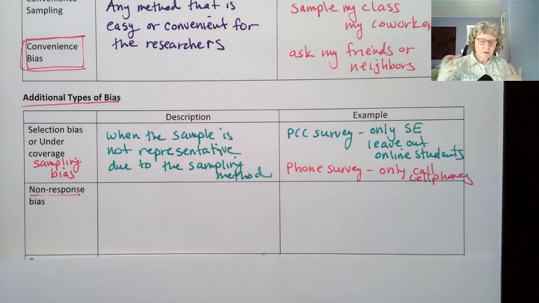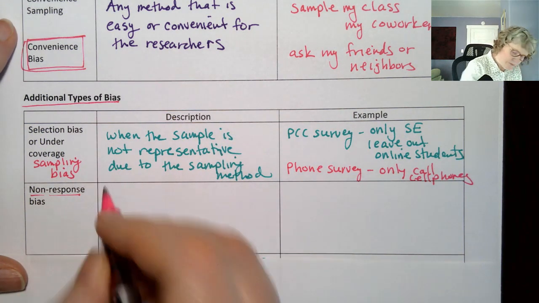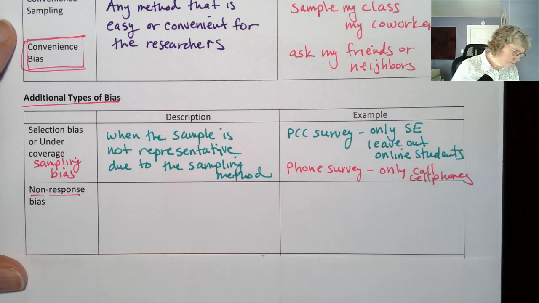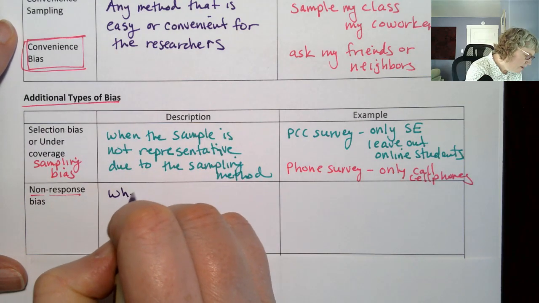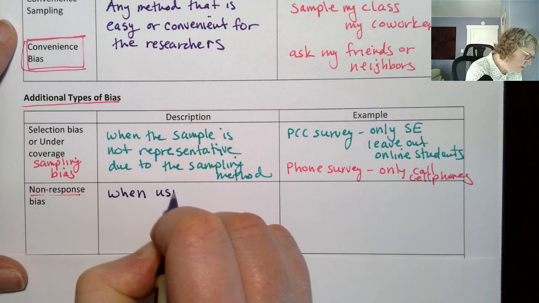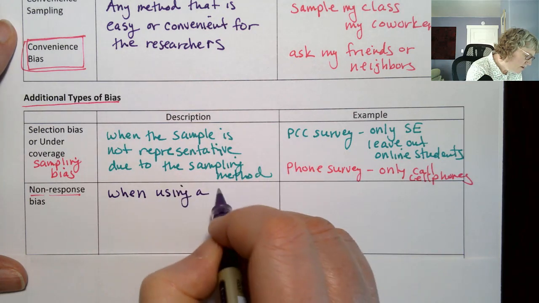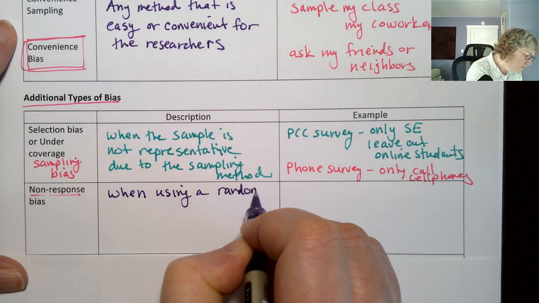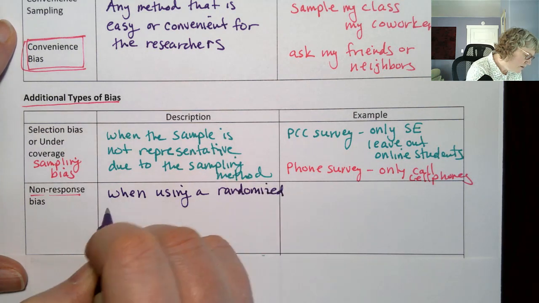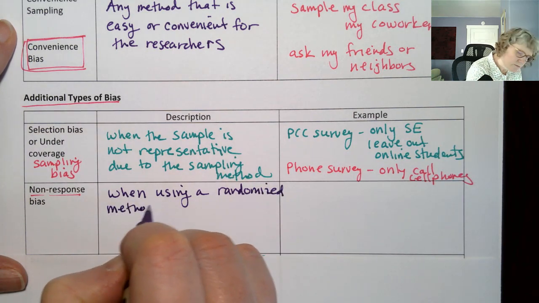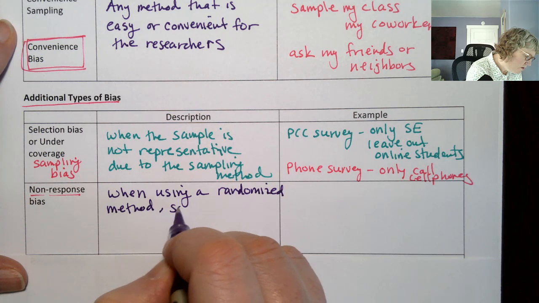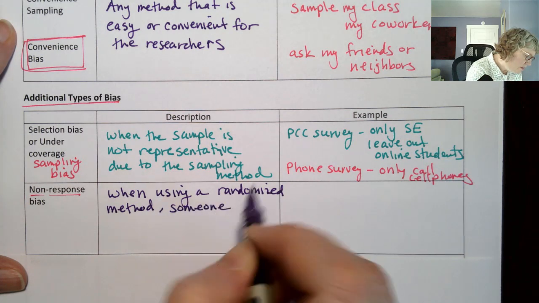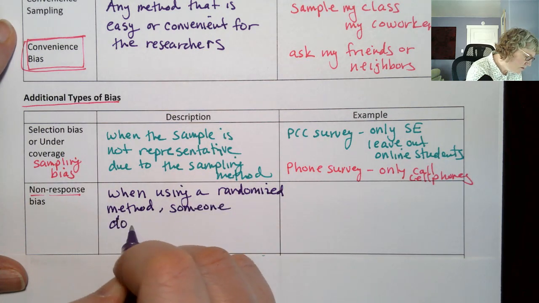So this is after using a randomized method or while using a randomized method. I'll say when using a randomized method, someone doesn't participate.